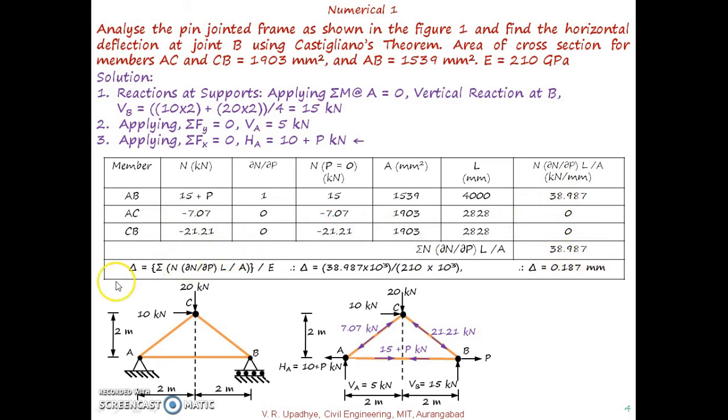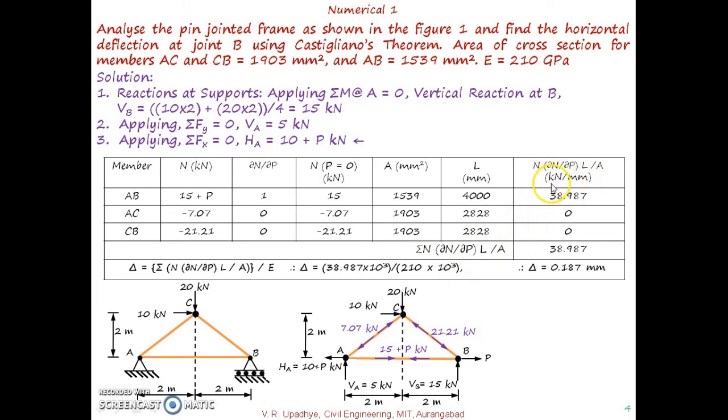Now, if we go through the equation for finding the deflection, delta is equal to summation N del N by del P L divided by A. Now A is there in the earlier calculation itself, so it is taken inside and divided by Young's modulus. It is written over here. So this total sum is 38.987 and that is in kilonewton per mm.